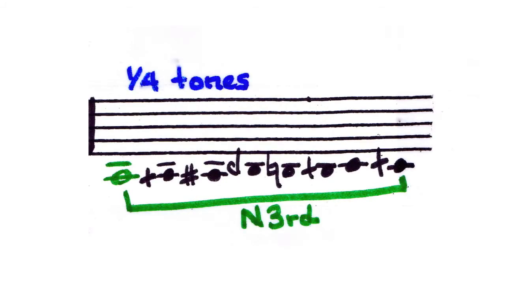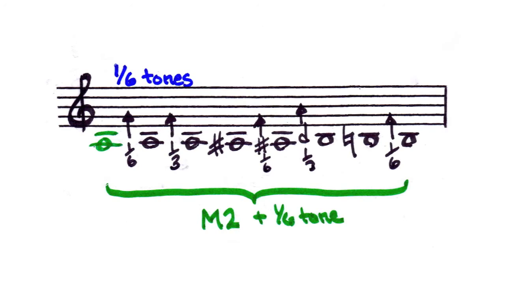Now once we get past that point, and we get into smaller and smaller clusters, for one thing, they stop sounding like chords. Here's an 8-note cluster of quartertones. Here's an 8-note cluster in sixth tones.